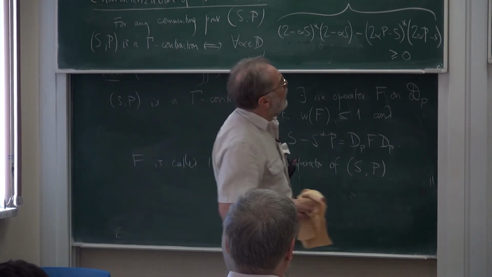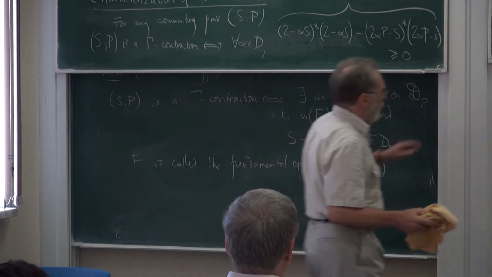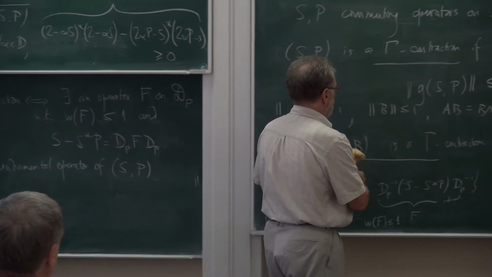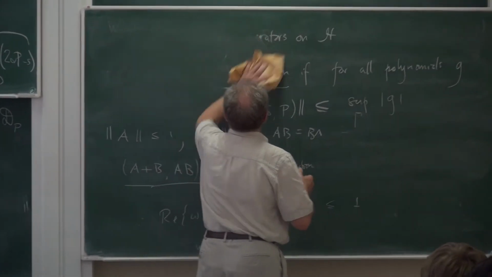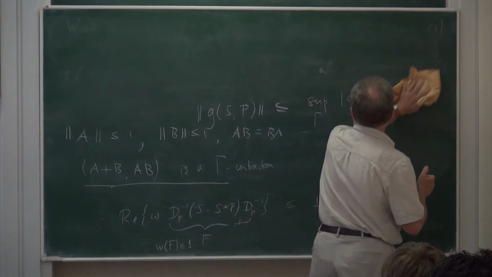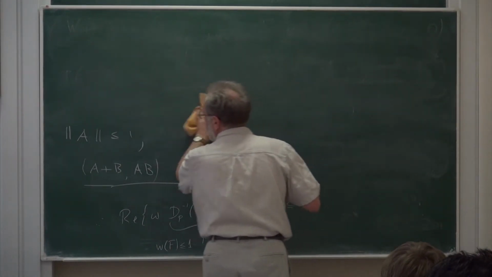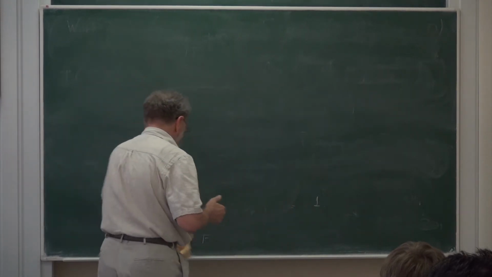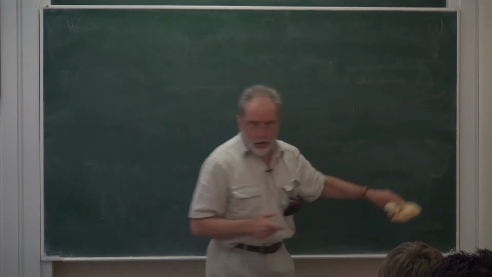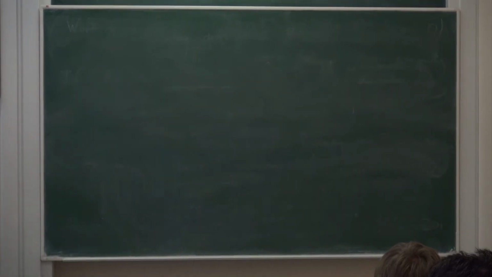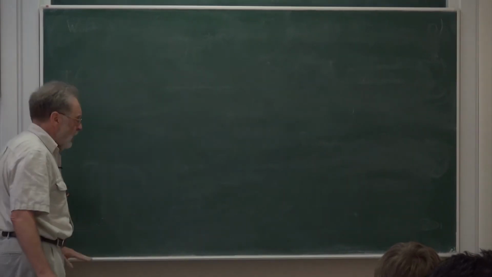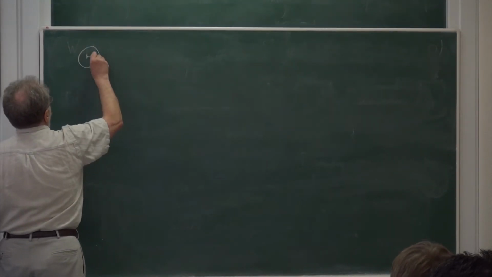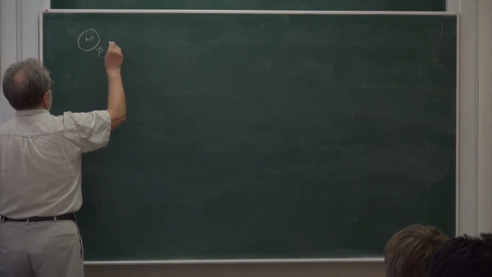Let me recall a couple more things from previous lectures. Firstly, remember the formula for the characteristic operator function. P is a contraction.